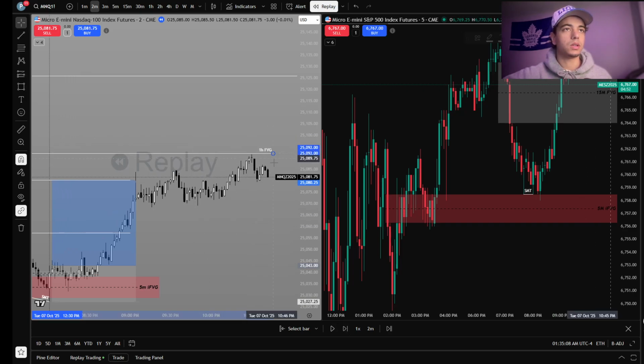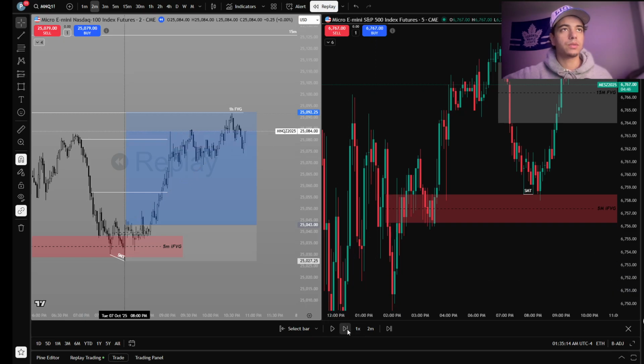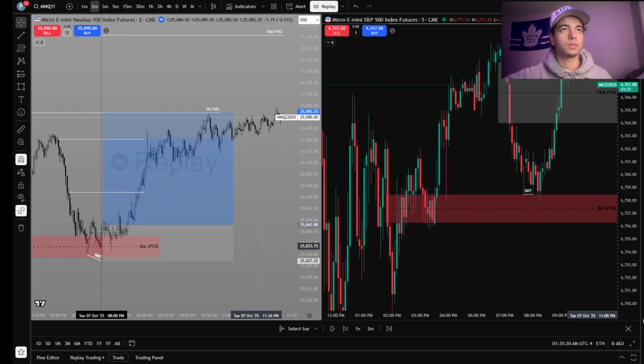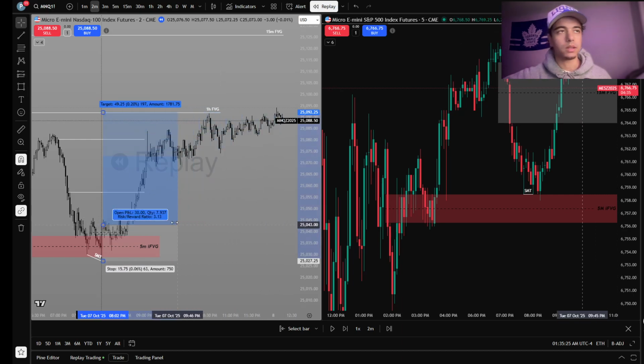So as we can see, we get a slight tap right there. I don't think I got filled there though, but I think it retapped it once more. Yep, right there. So I was fully out at 12, so I did leave my desk.